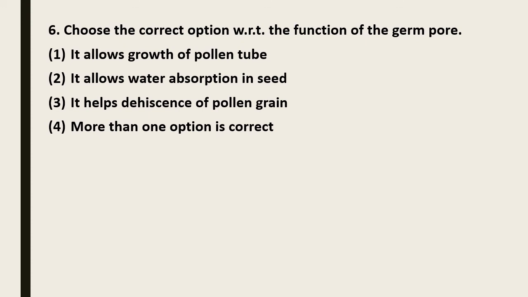So here we need to find out the correct option with respect to the function of the germ pore. First of all, we need to know what the germ pore is. It is a part of the pollen grain, and it is surrounded by the outer wall.